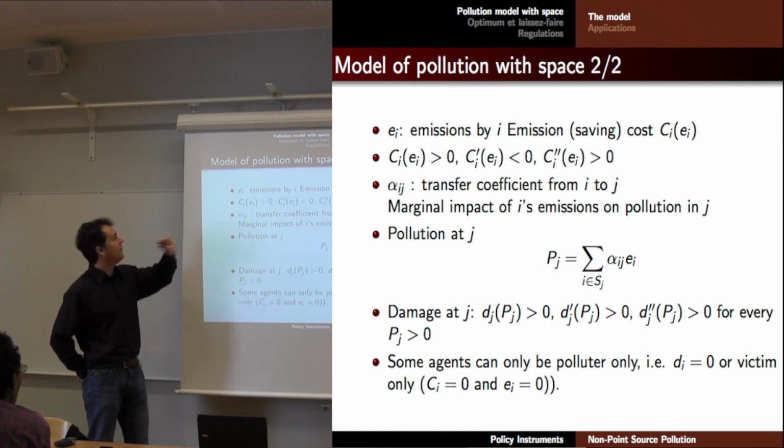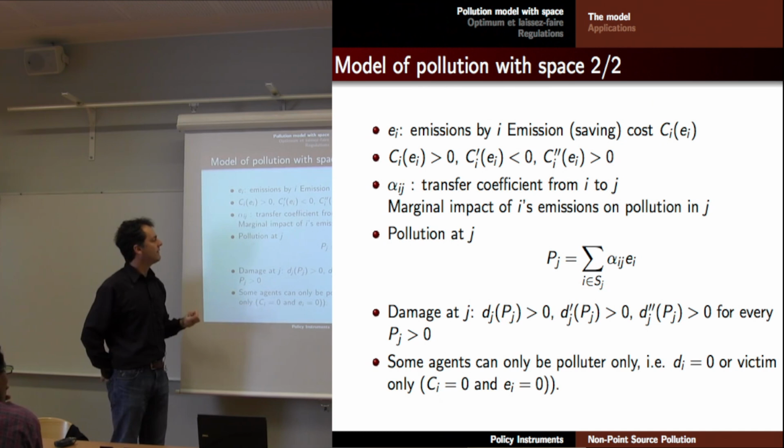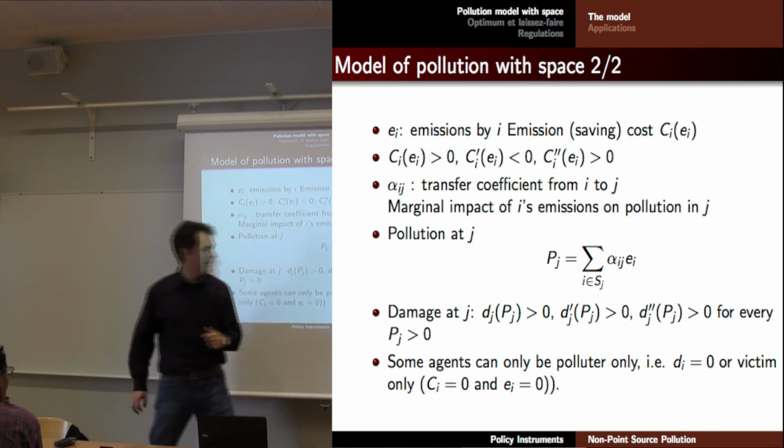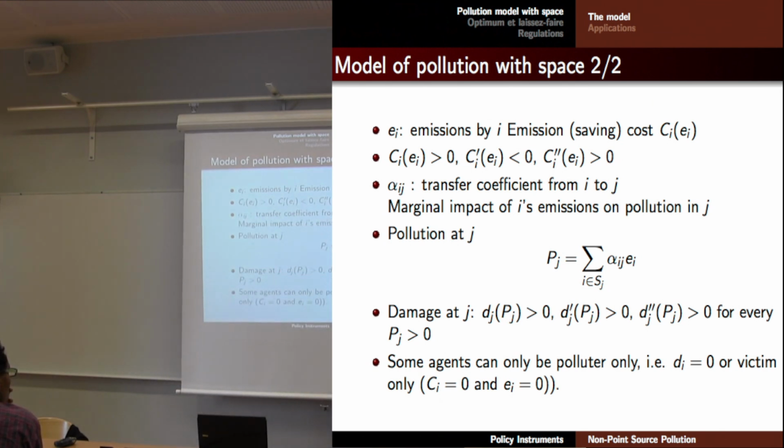For each level of emission, you get several levels of pollution for each receptor. And the link will be made by this alpha ij parameter, which is called the transfer coefficient.